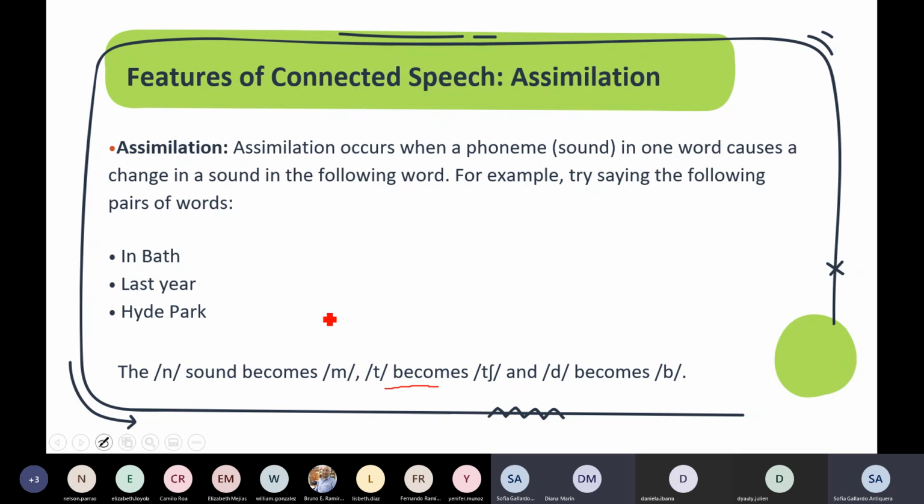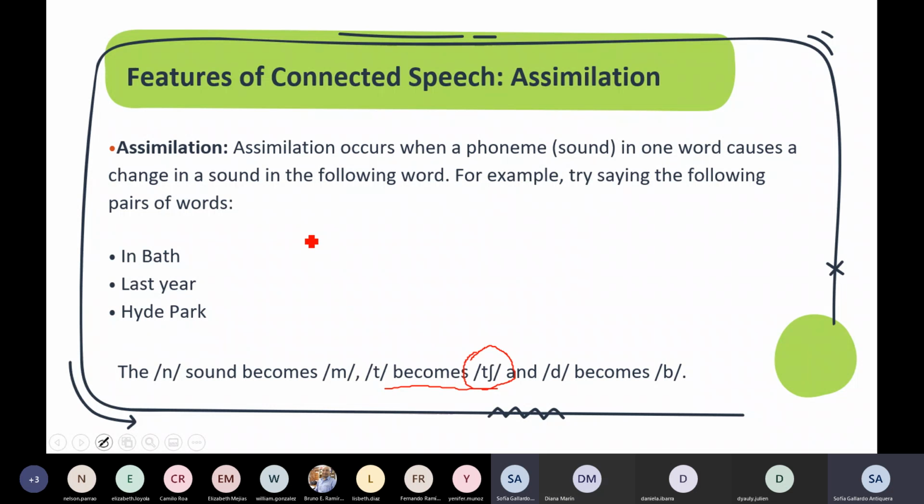try changing the T. I'm not going to tell you the sound, because it would be like giving you the answer, but try to change it to this one.